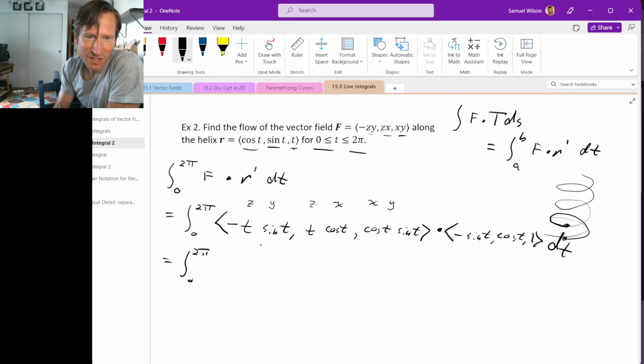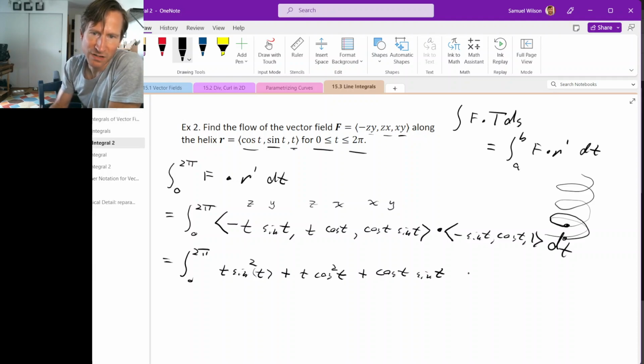Okay, so things look bad at first, but right, persevere. Let's see. In the first component of this dot product, we get t sine squared t, plus, and then in the second part of the dot product, we get t cosine squared t, plus, and then in the third part of the dot product, we get cosine t sine t, dt.